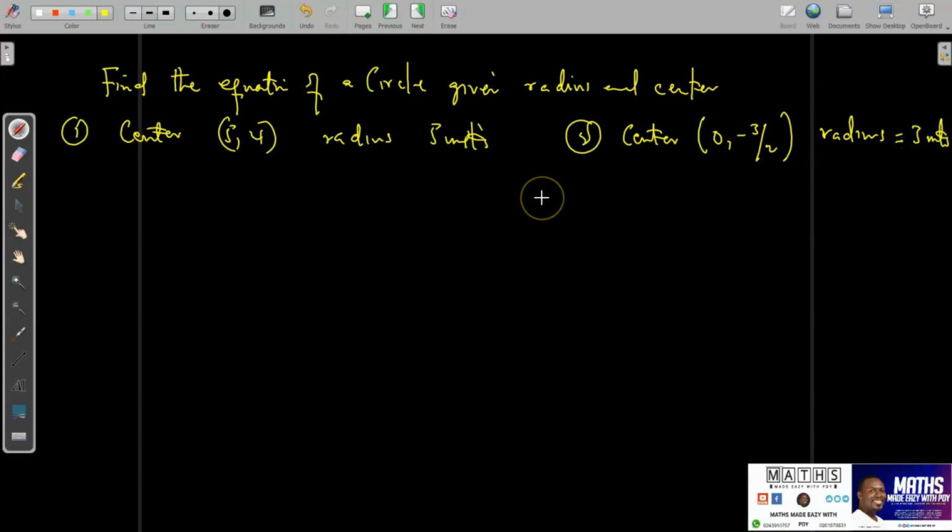All right, for the sake of time, please let me do all that fast with you and then we can move on. Therefore, when the center is known, the radius is known, I believe it is very easy to apply x minus a all squared plus y minus b all squared all equal to r squared.